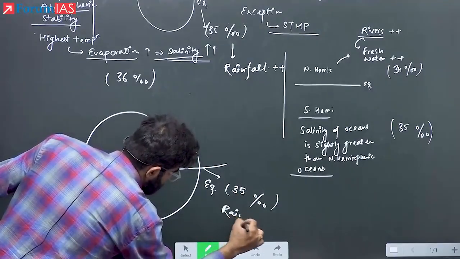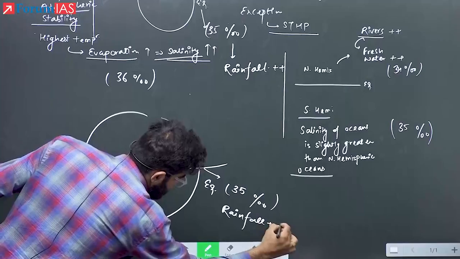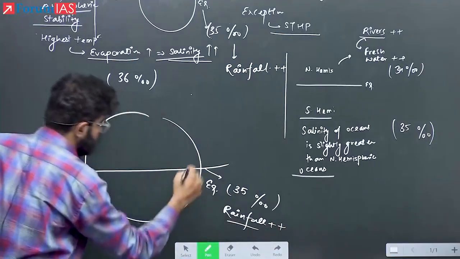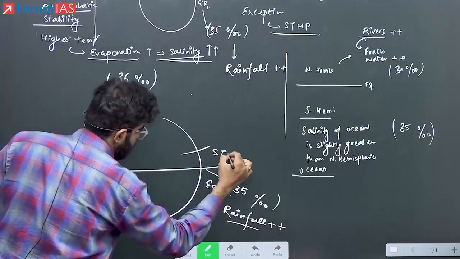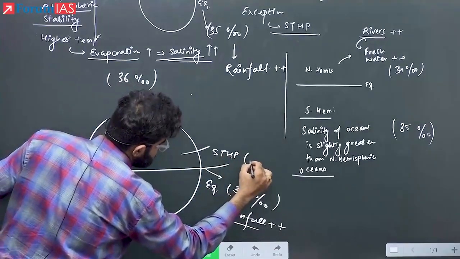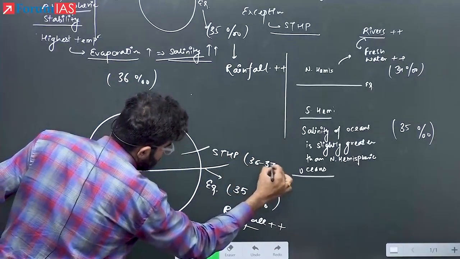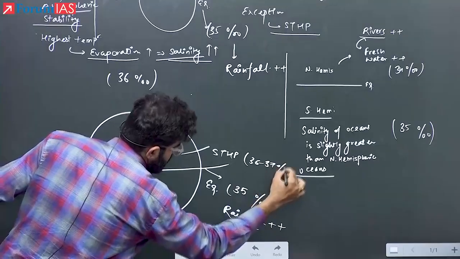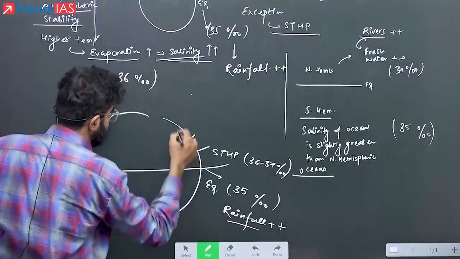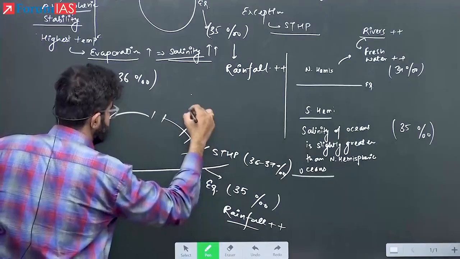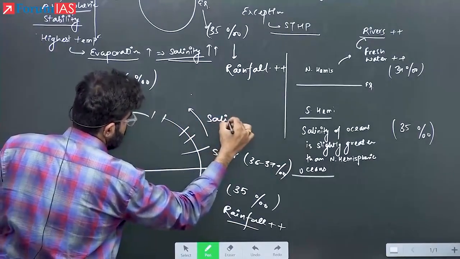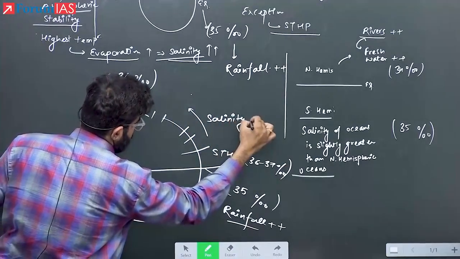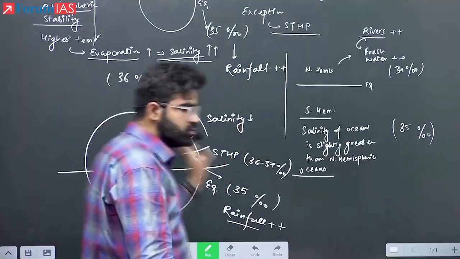Because of rainfall, salinity will be somewhat lesser here. In the STHP, we have learned the region is 36 to 37. Then again it will reduce continuously. This is the horizontal pattern.